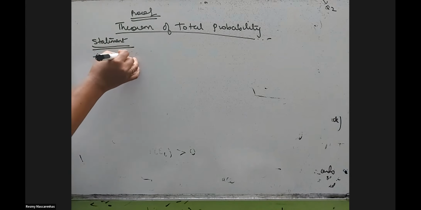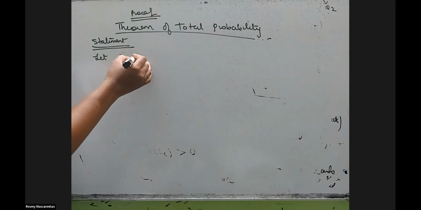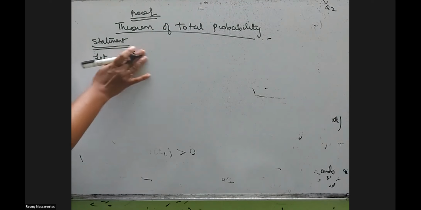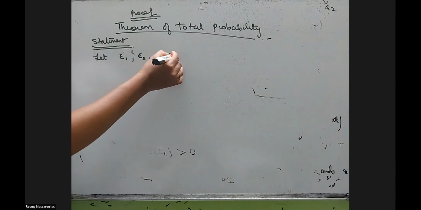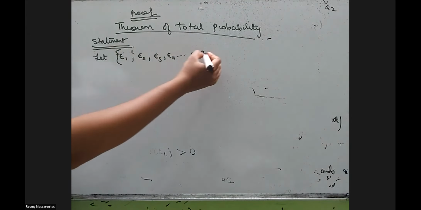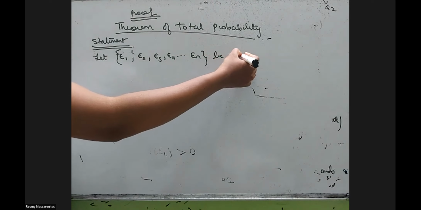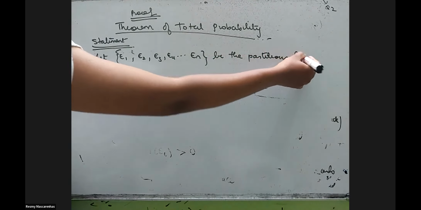Let, with reference to that partition only, now you should be able to understand. Let E1, E2, E3, E4 up to En be the partitions of sample space S.